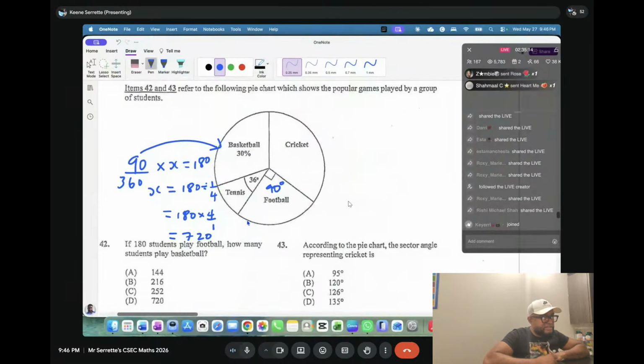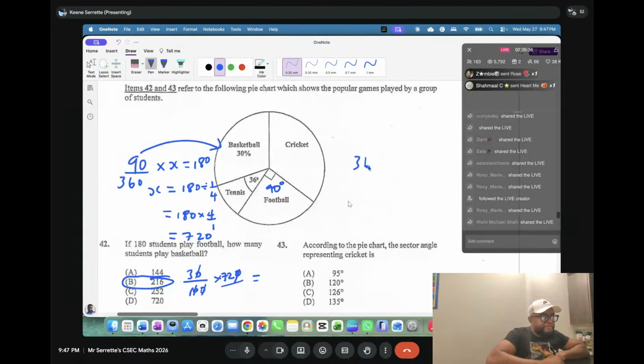So it's like the same question they've given over and over. Same number. Yeah. So, where again? 216? 216. According to the pie chart, the sector angle representing cricket, 36% of 360 is how much?